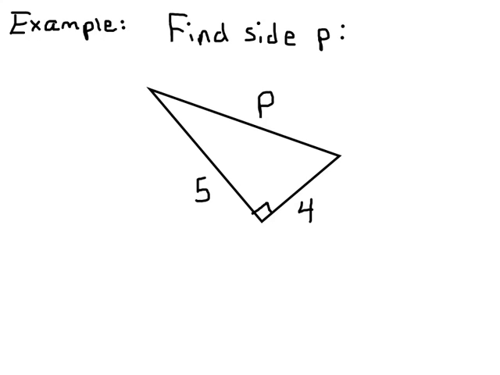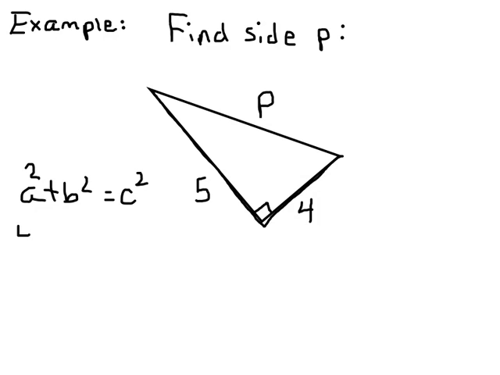Okay, so let's work a problem here. Example: find side P. Well, P is our hypotenuse, and if A squared plus B squared equals C squared, I forgot to square that A, didn't I? These are the two that come together to form the right angle, the 5 and the 4.